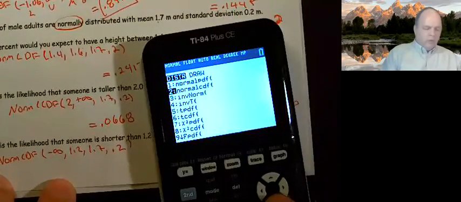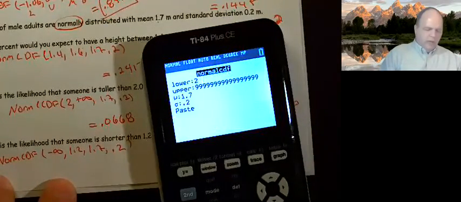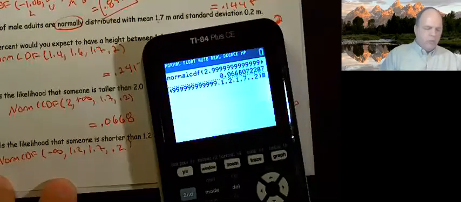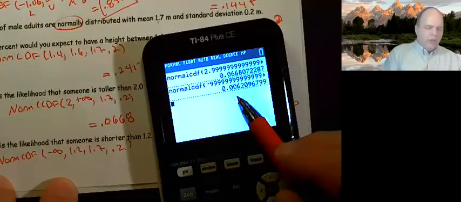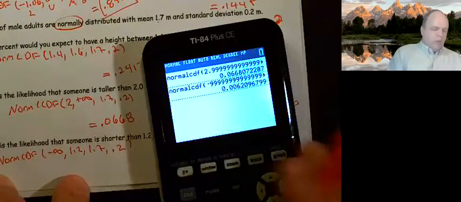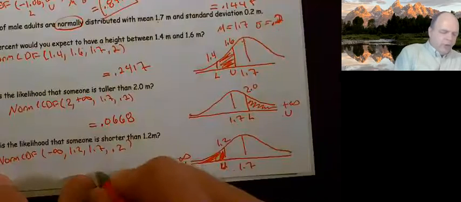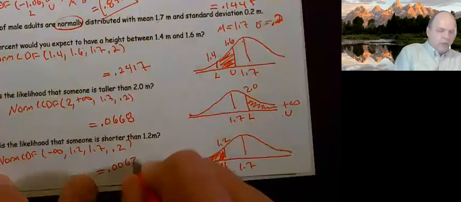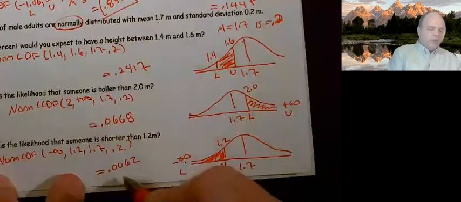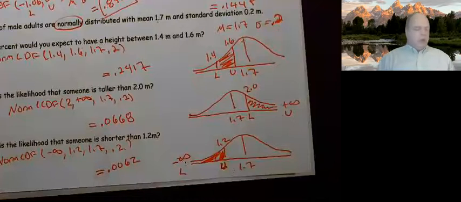Second vars, norm CDF, negative infinity, upper 1.2, mean of 1.7, standard deviation 0.2, and I get 0.0062. So less than 1% of the population. A little more than 0.5% are less than 1.2 meters tall. All right. So that'll end this video.